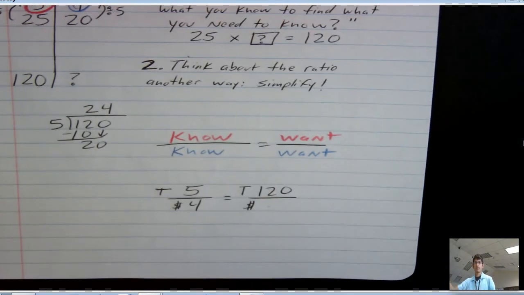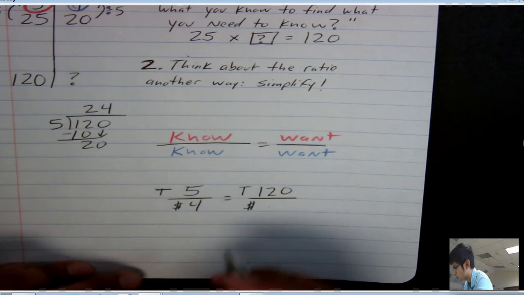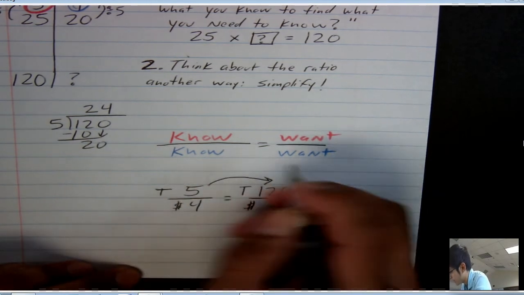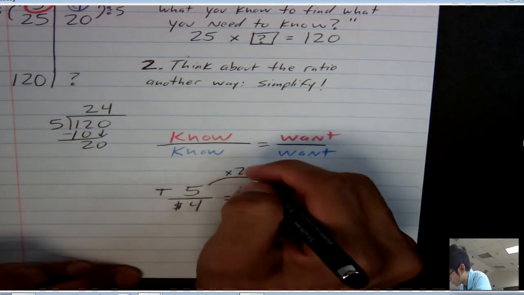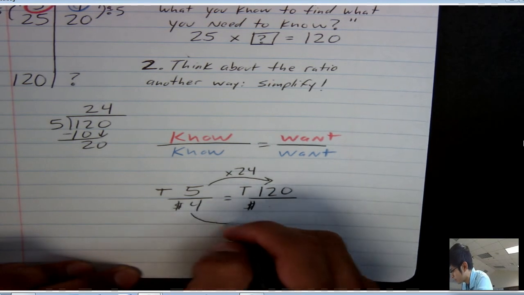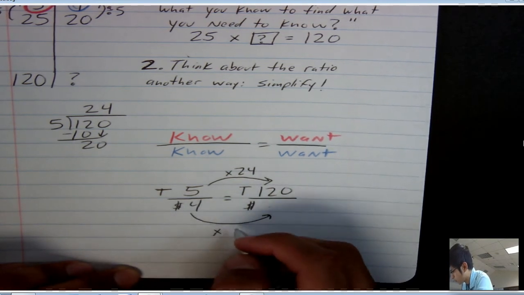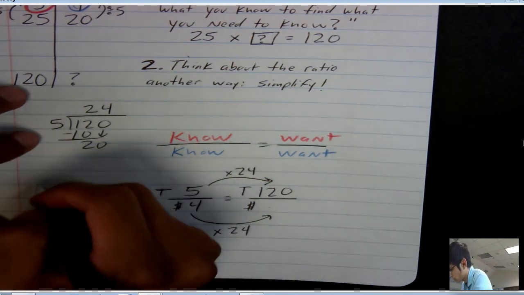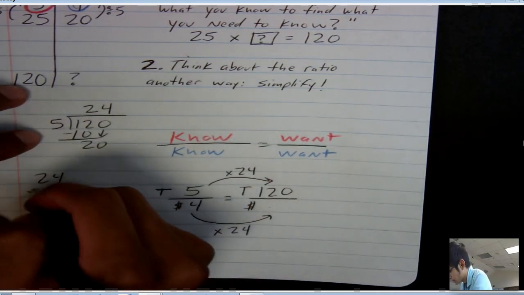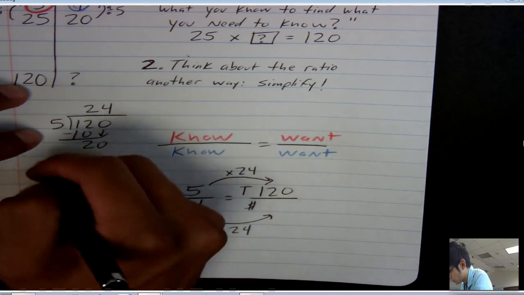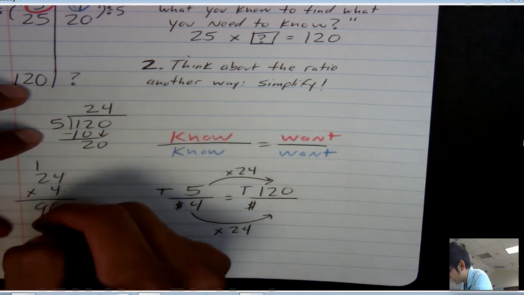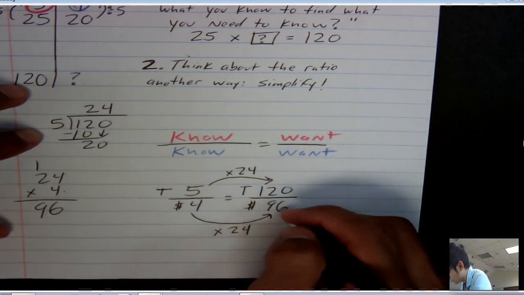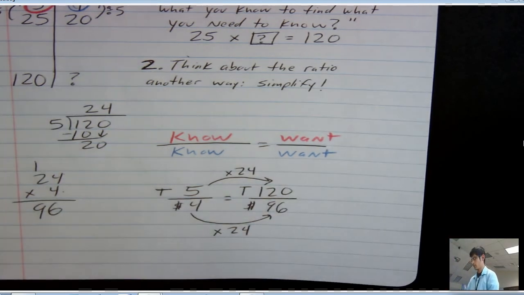Let me move my screen down a little bit. To figure this out, we said it's going to be times 24. So I'm going to skip count by 5, 24 times. 5 times 24 equals 120. And then I'm going to multiply 4 times 24 to find out how much money that would cost. 24 times 4, that'll be 16, that'll be 8, that'll be 9, so that would cost me $96, and that's my answer.